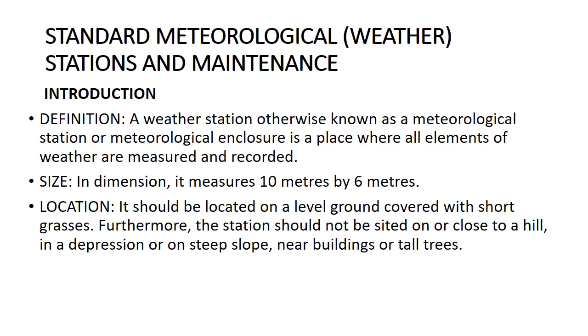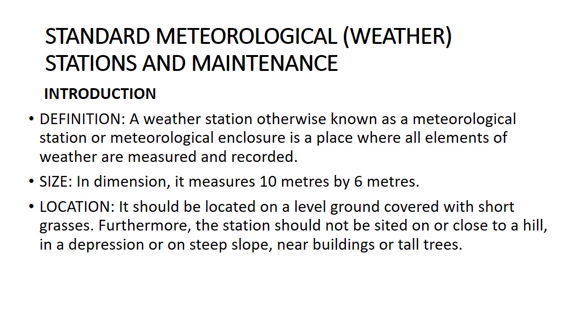By introduction, definition of the term weather station. A weather station, otherwise known as a meteorological station or meteorological enclosure, is a place where all elements of weather and climate are measured and recorded.